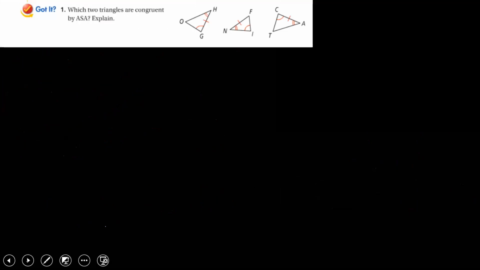Now, look at this one here. In this question we have these three triangles also. And I want you to tell me which two triangles are congruent by ASA. So the first step, I want you to list the triangles that are congruent.